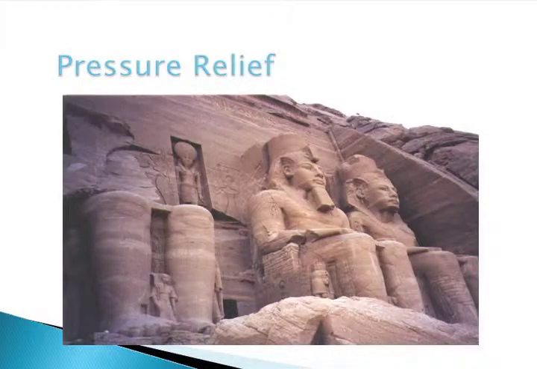Pressure relief. We don't really get into it too much with kids because they don't weigh enough to put enough pressure into the capillaries to shut off the blood flow and give us cellular death. So we don't worry about pressure as much.